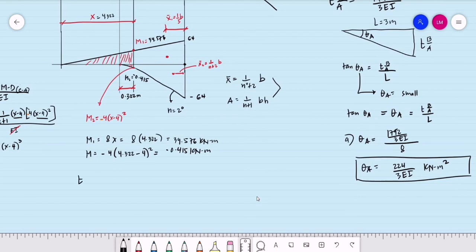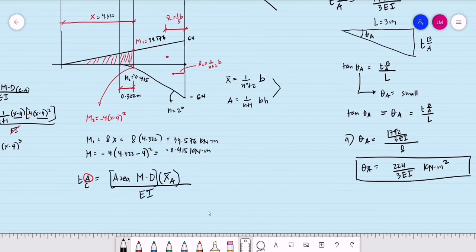So this is the deviation from our first point, point C to point A, equal to the area of the moment diagram multiplied by the distance of their centroid towards point A. Take note, this time the centroid is towards our second point, point A. And this term should be divided by EI.